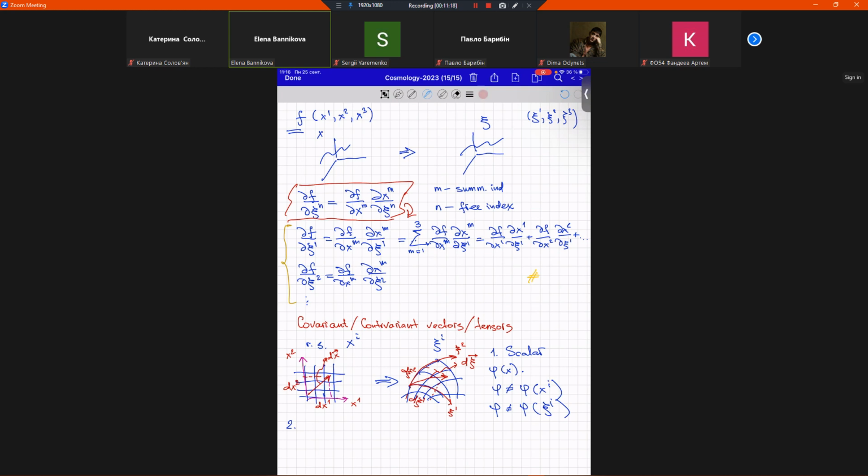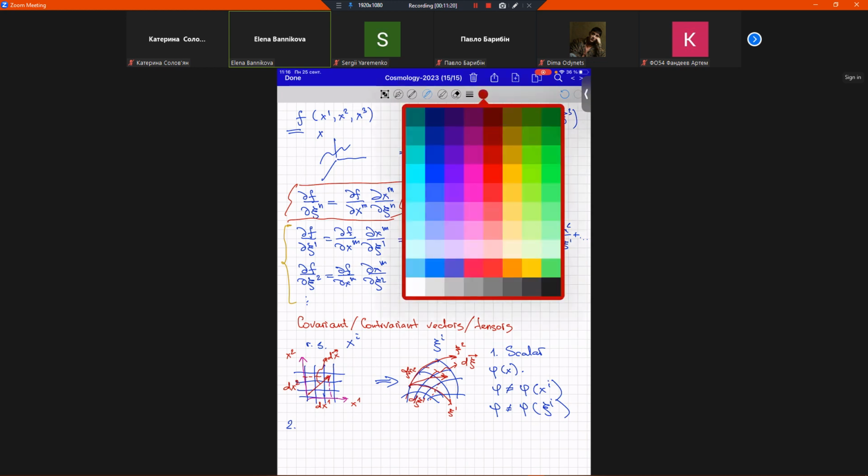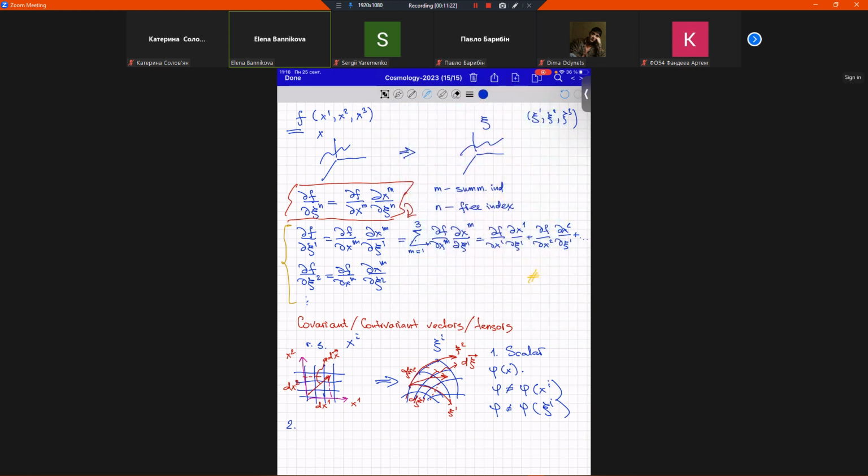But the length of this vector, which is some scalar value, shouldn't be changed due to going from one reference system to another reference system.